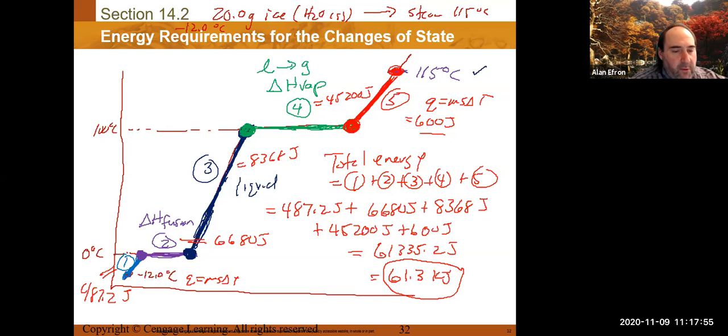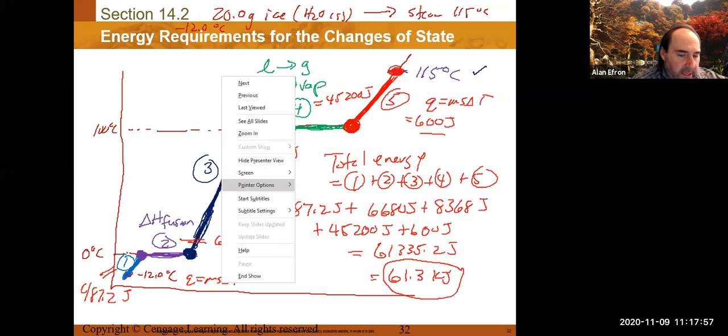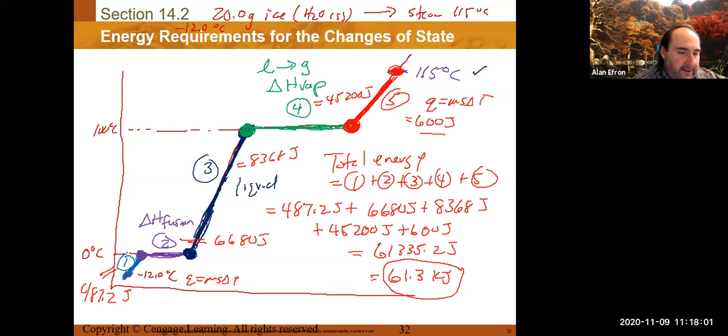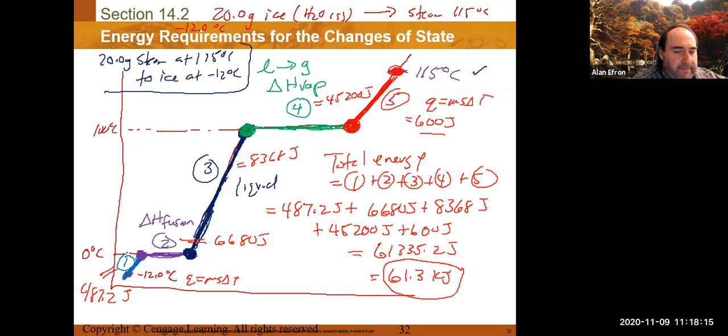So let me ask you, what would happen if we had the same question, but the question was slightly different, and it wanted to know how much energy is required to take 20 grams of steam at 115 degrees Celsius to ice at minus 12 degrees Celsius. So this is basically the exact same question, but it's going in the opposite direction.